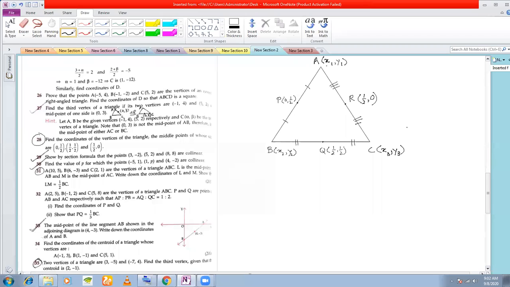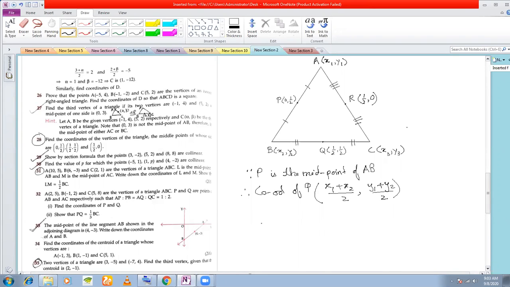You see that P is the midpoint of AB. Since P is the midpoint of AB, therefore what should be the coordinates of P? Coordinates of P in terms of x1, y1, and x2, y2, it should be (x1 plus x2)/2, comma (y1 plus y2)/2.